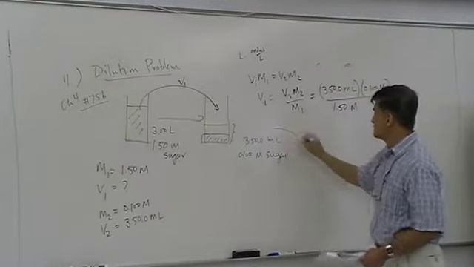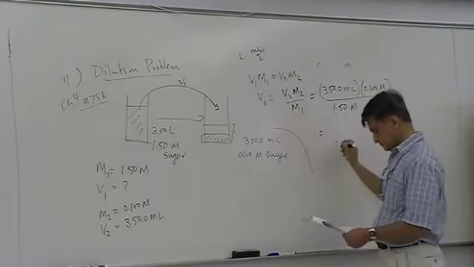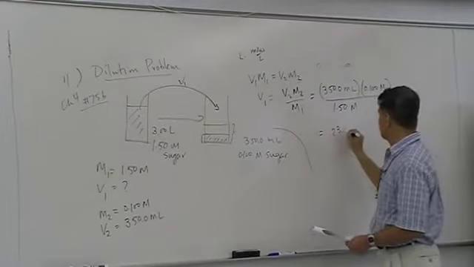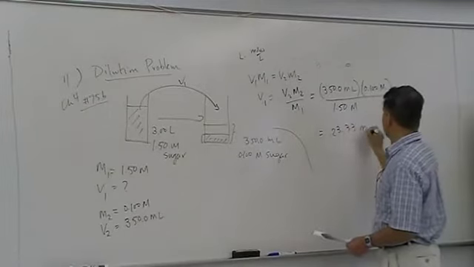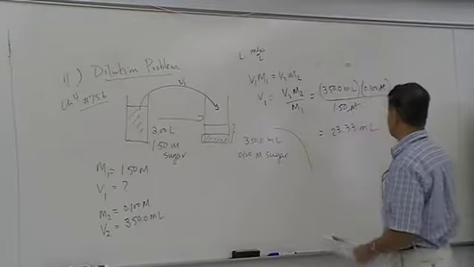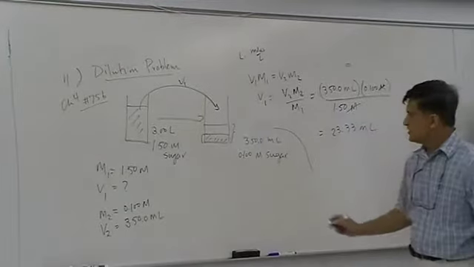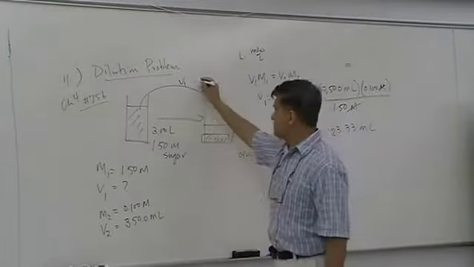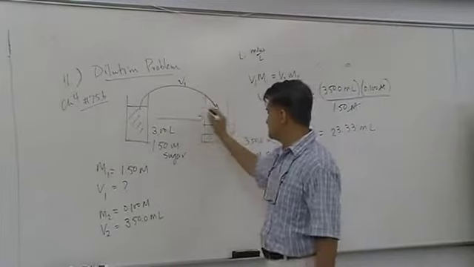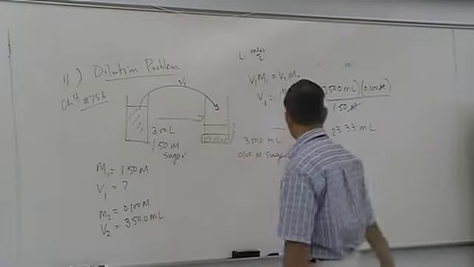This would give you 23.33 ml, because molarity cancels out. That means you need to transfer 23.33 ml from here to here and add the rest water.